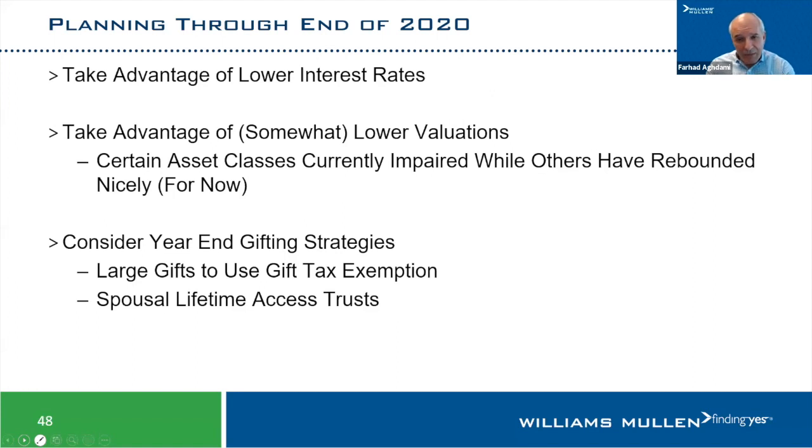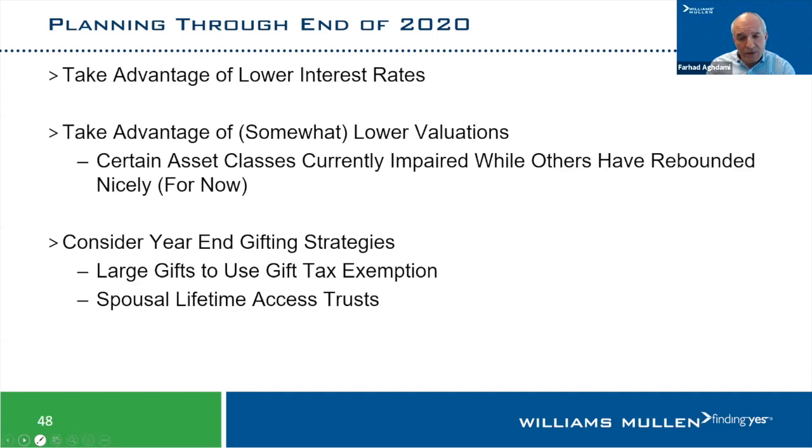So it's outsized performance by a number of stocks, Amazon, Google, Apple, that are really driving that. And so while certain asset classes have rebounded nicely, there's still a number of assets that are still depressed in value. And so there may be some opportunity there to do some transfers.